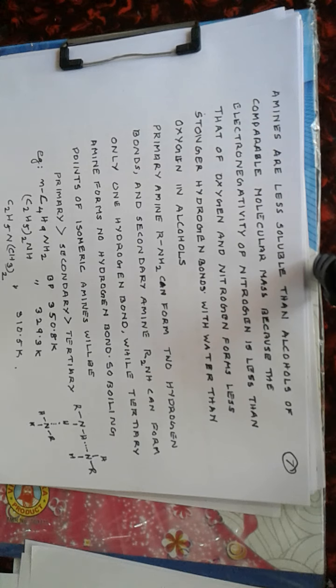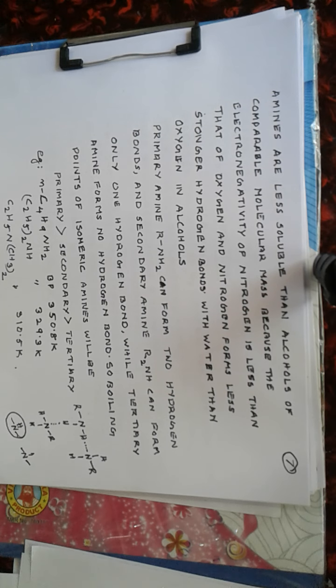So there is larger association between primary amine molecules, while secondary amine contain only 1 H. There is one NH group as the functional group of a secondary amine, and so it forms only 1 hydrogen bond. And when we consider tertiary amine, there is no hydrogen atom on nitrogen, so there is no hydrogen bonding.